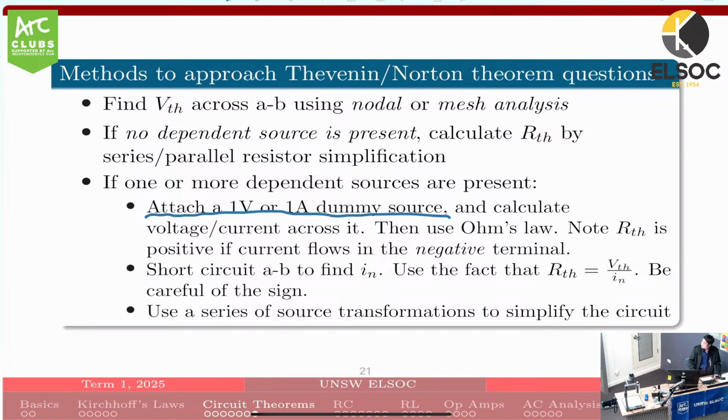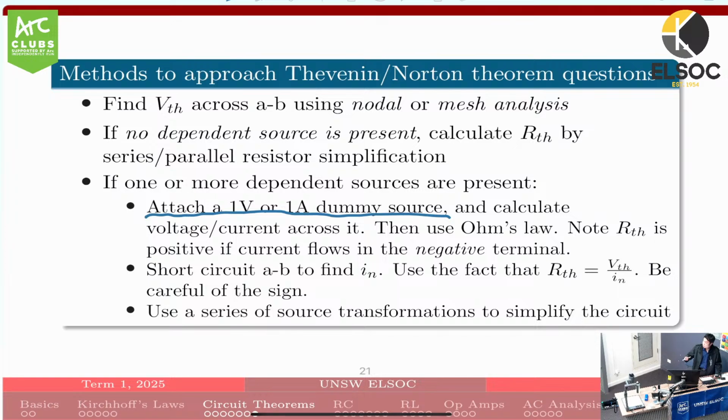The second method is to find the Norton current first by short-circuiting AB and use the fact that RTH equals VTH over IN. The third method is pretty useful sometimes, but beware: use a series of source transformations to simplify the circuit. This can be extremely useful because it reduces the need to analyze VTH and RTH individually. By doing that, we can derive them both together.